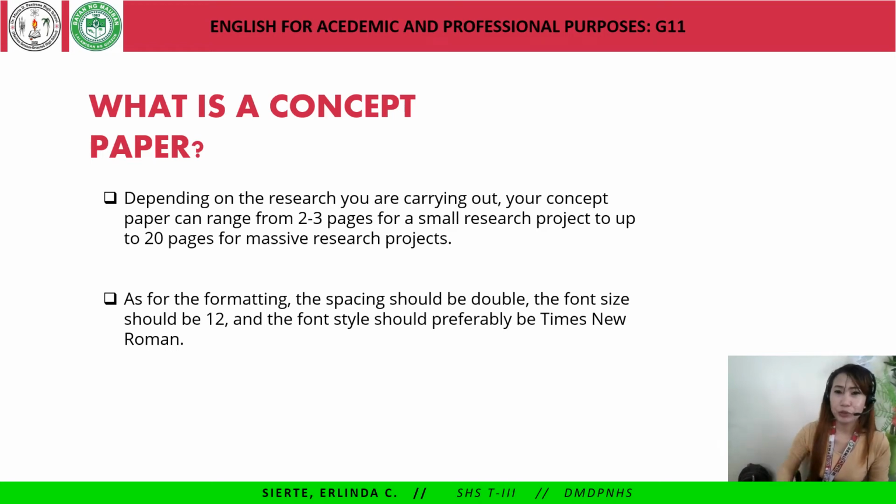Depending on the research you are carrying out, your concept paper can range from 2 to 3 pages for a small research project to up to 20 pages for massive research projects. As for the formatting, the spacing should be double, the font size should be 12, and the font style should preferably be Times New Roman.